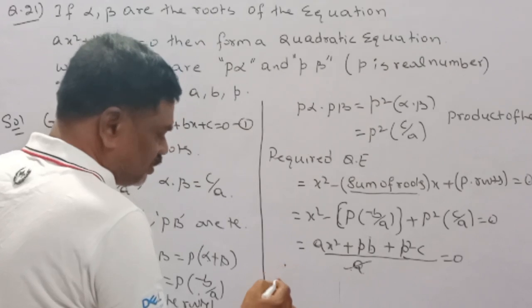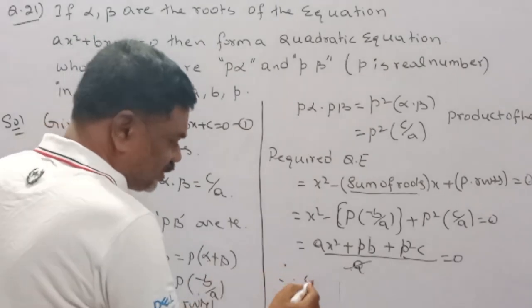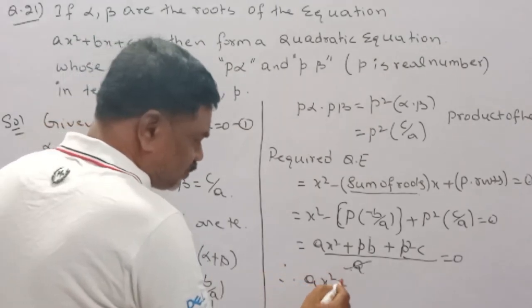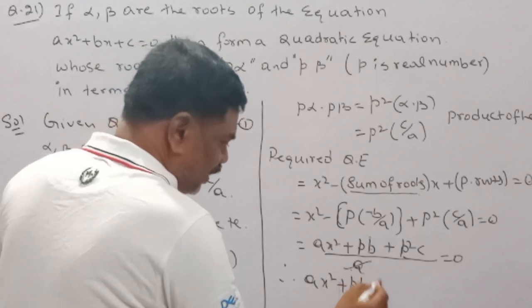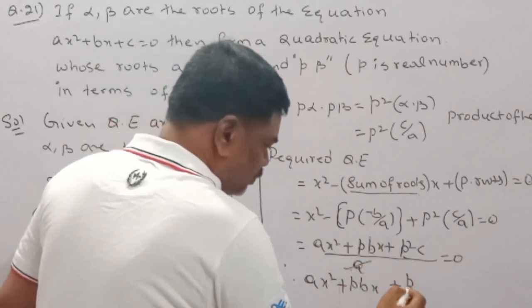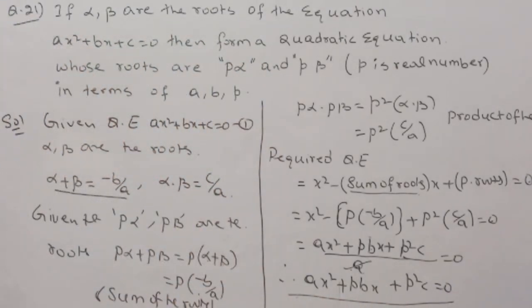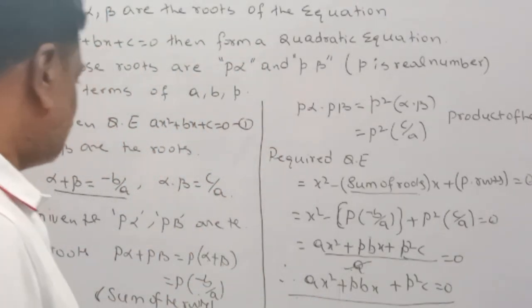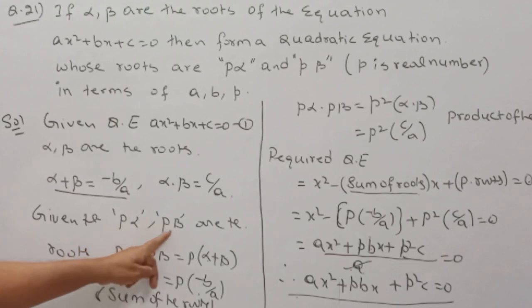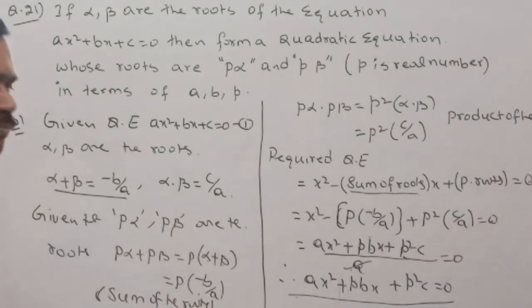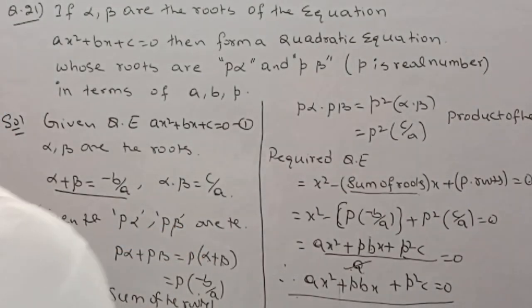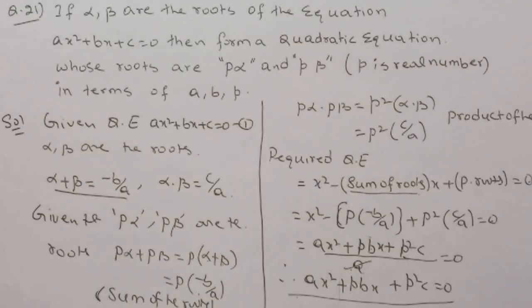This one cancels. Therefore the required quadratic equation ax square plus pbx plus p square c equal to 0 is the required quadratic equation whose roots are p alpha comma p beta. Okay, all of you, that's all. Thank you.